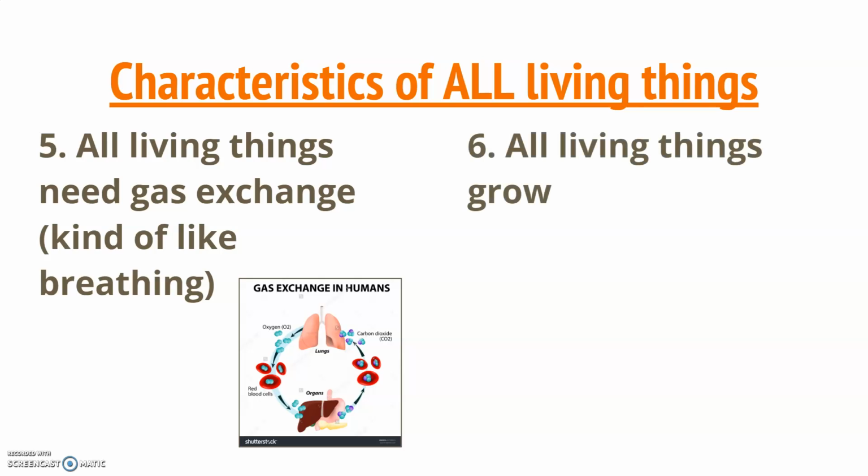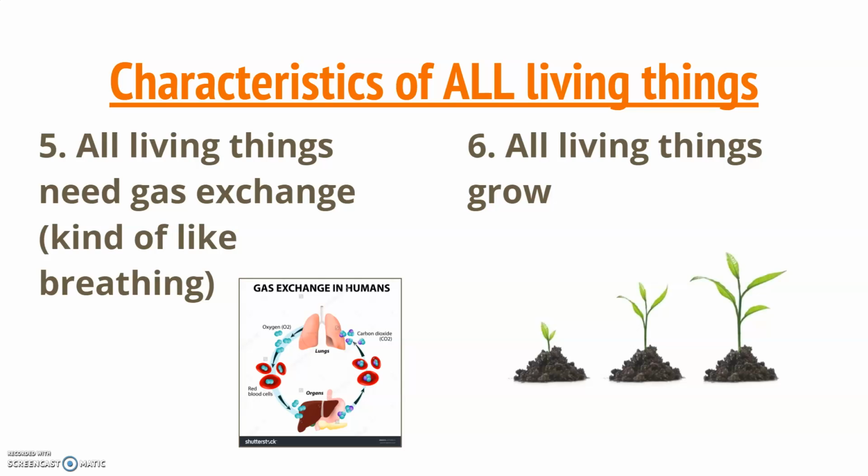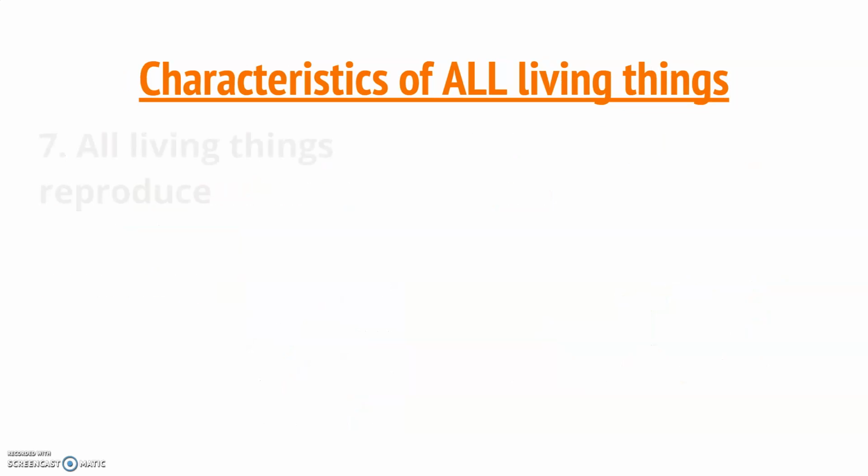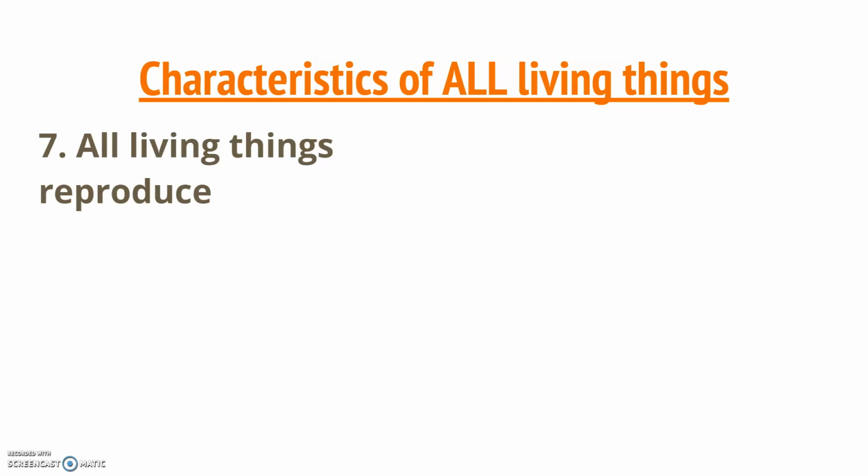The next item on our list is that all living things grow. Whether it's a tiny seed to a full-grown plant or a baby who grows into a human, all living things grow. If it doesn't grow, then it's not living. The seventh item on our list is that all living things reproduce.